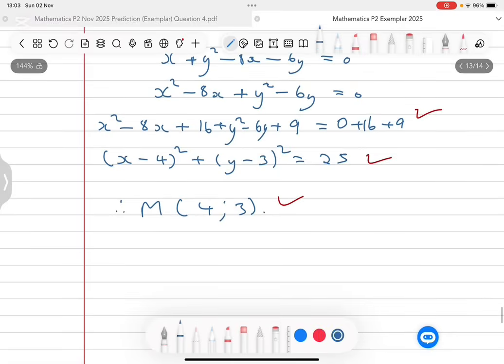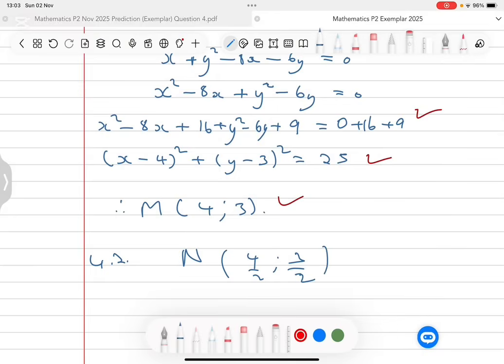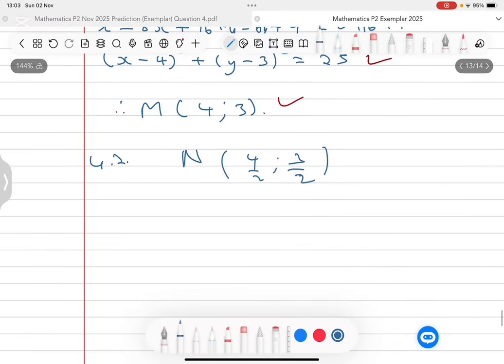So in other words, to find N, we are going to take half of each coordinate that we got in the previous question. I'm taking half of this and half of that, because the diameter of the small circle is the radius of the big circle, and this will give me 4 over 2.